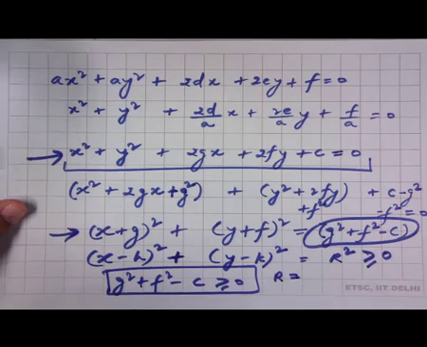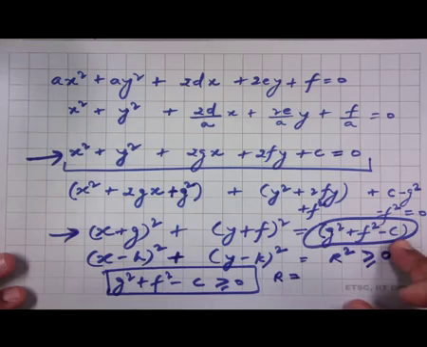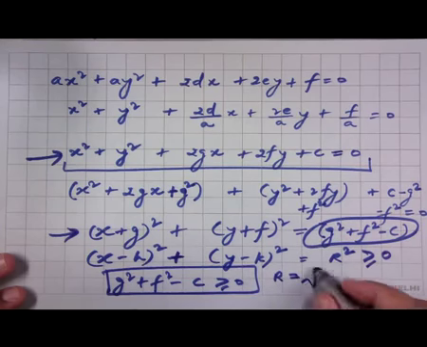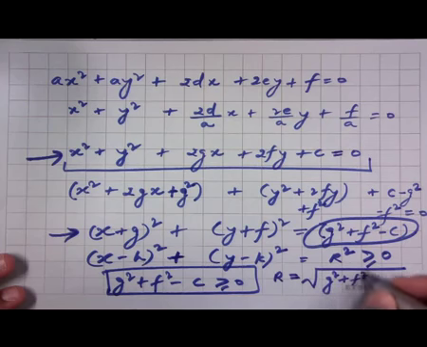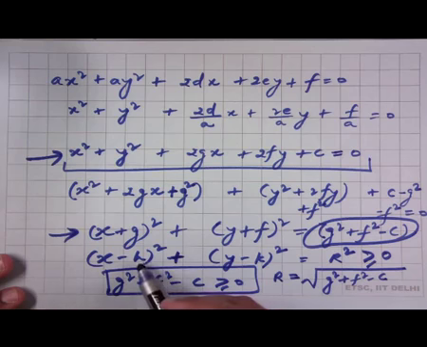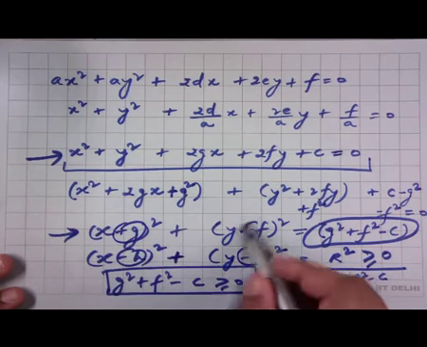in which case the radius is simply, because r square is this, the radius is square root of g square plus f square minus c, and the center is h comma k, but h is minus g because this and this are equal, and k is minus f.